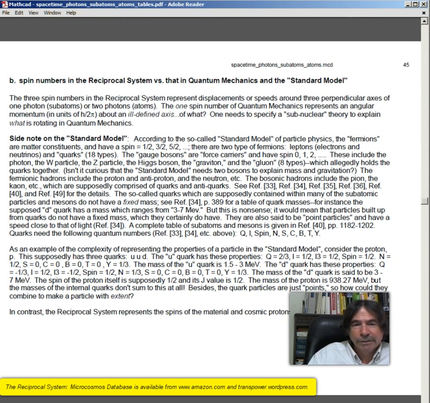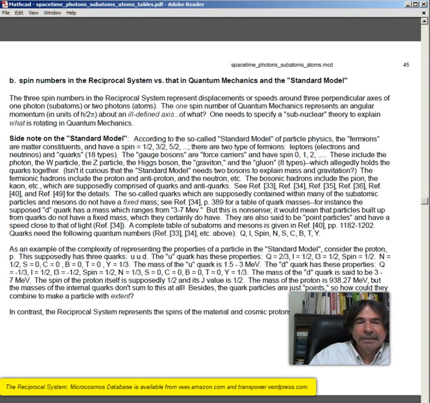The mass of the U quark is 1.5 to 3 MeV. The D quark has these properties: Q equals minus 1/3, I equals 1/2, I3 equals minus 1/2, spin equals 1/2, N equals 1/3, S equals 0, C equals 0, B equals 0, T equals 0, Y equals 1/3. The mass of the D quark is said to be between 3 and 7 MeV.